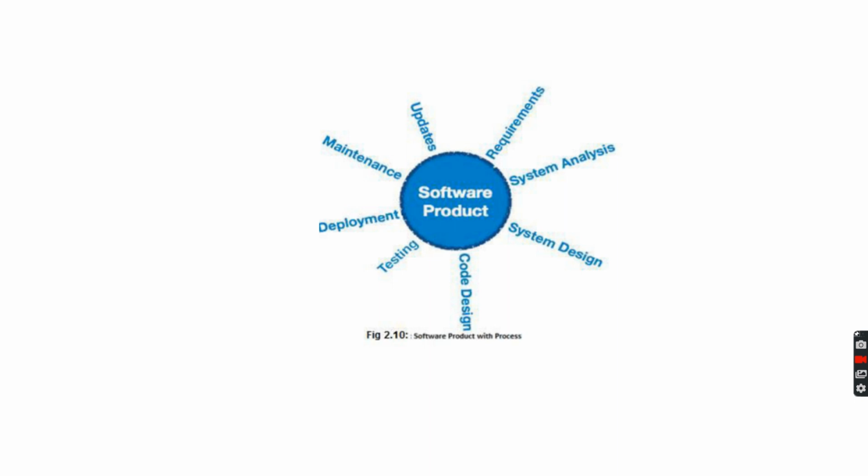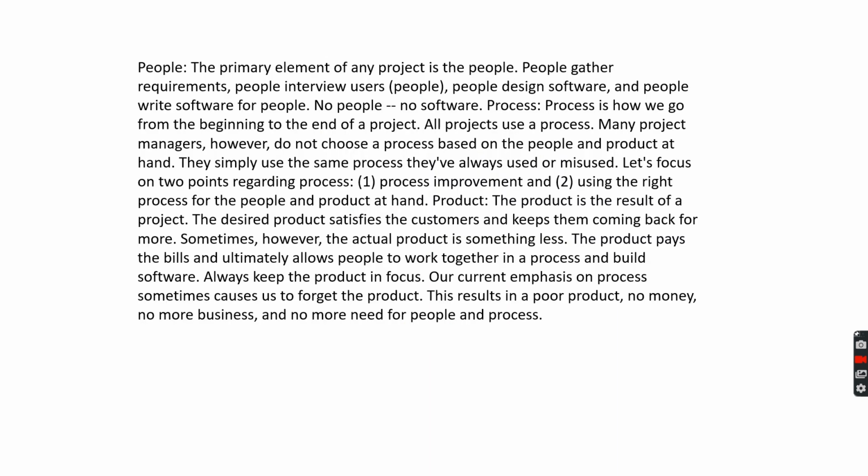So this is the diagram you should keep in mind: requirements, system analysis, system design, code design, testing, deployment and maintenance should all be done while making a software project.